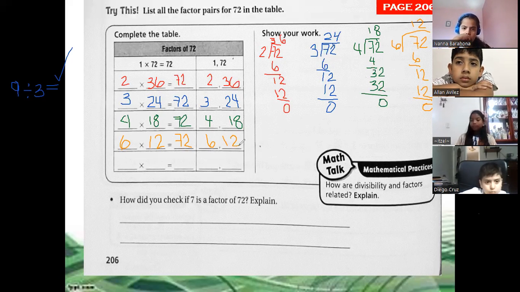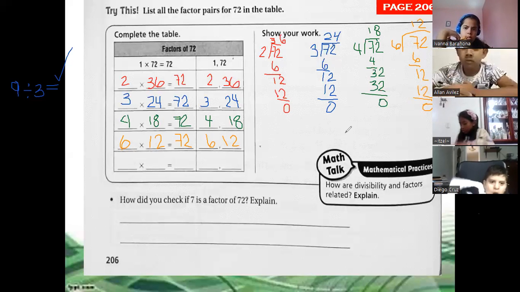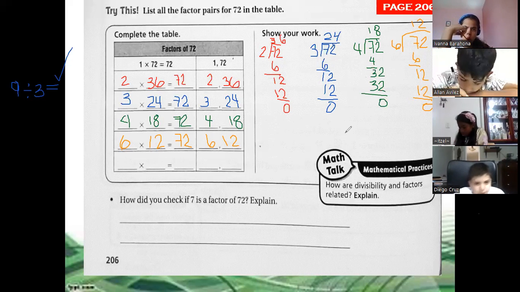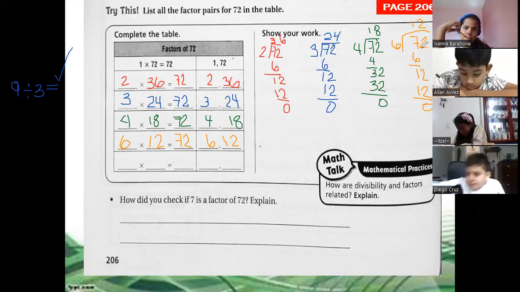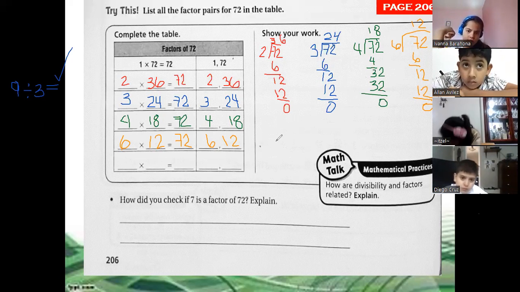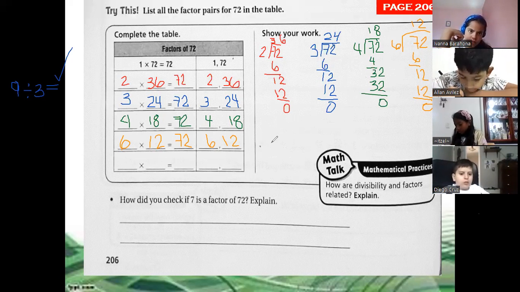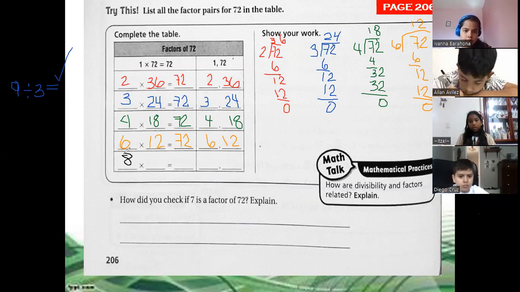Okay. Let's continue trying. Is 72 divisible by 7? 10 times 7 is 70. We have 2 left over. It's not divisible. Let's try with 8. 8 times 9, exactly.